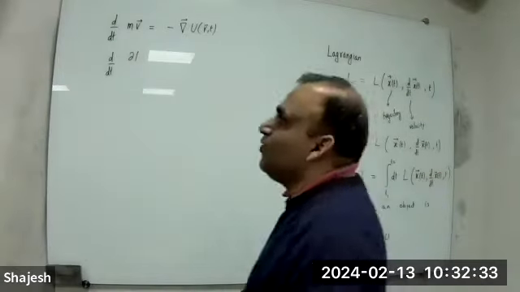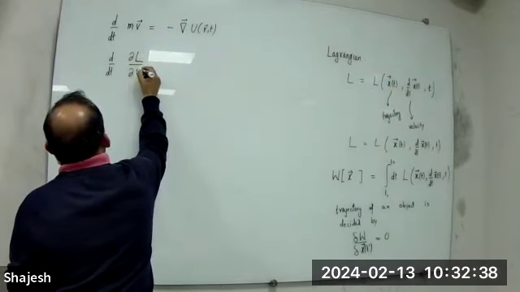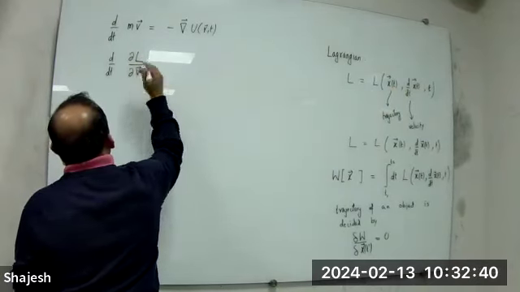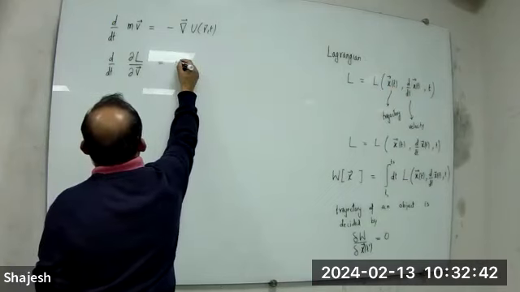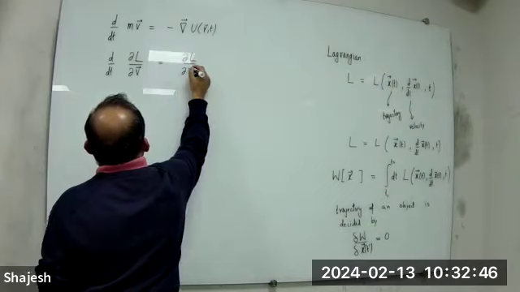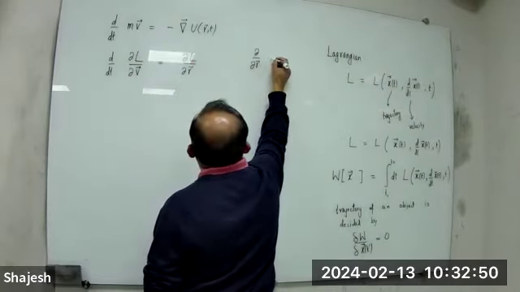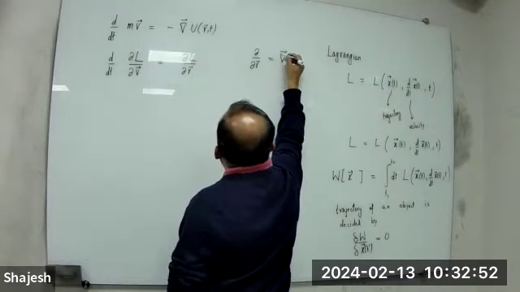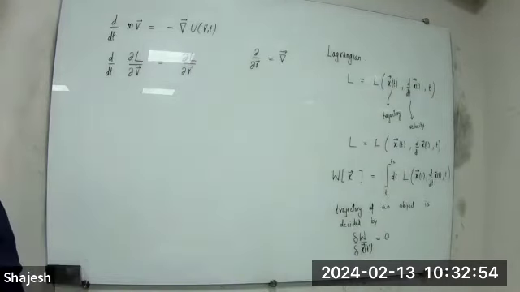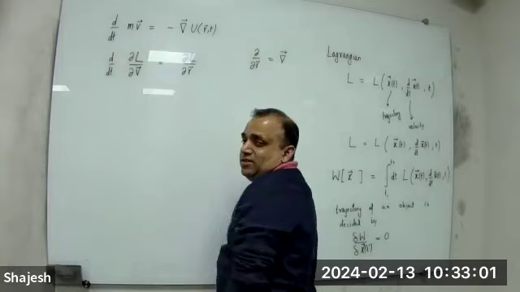So that's dL by dv, with a t dependence in there, equal to dL by dr. Remember again, d by dr is nothing but the gradient. So we want to have a Lagrangian which gives me this equation.